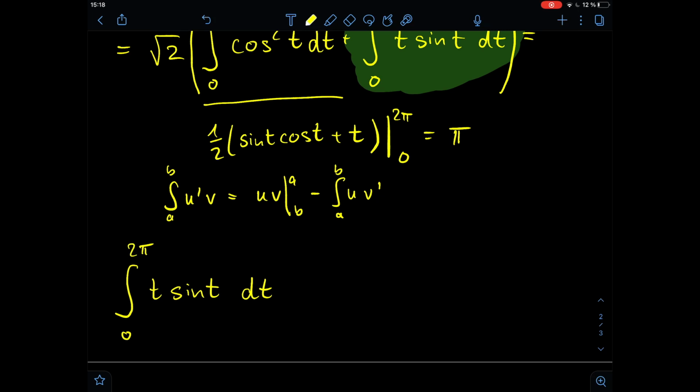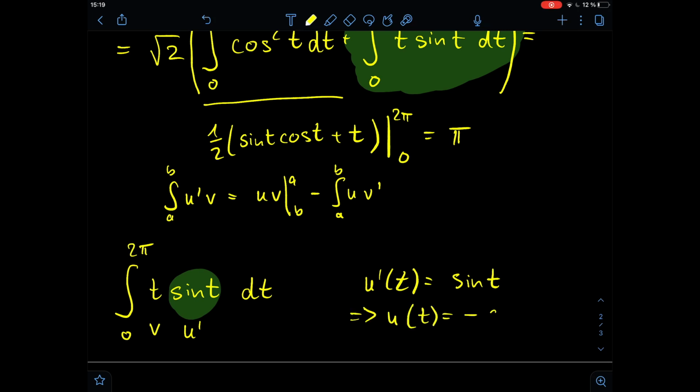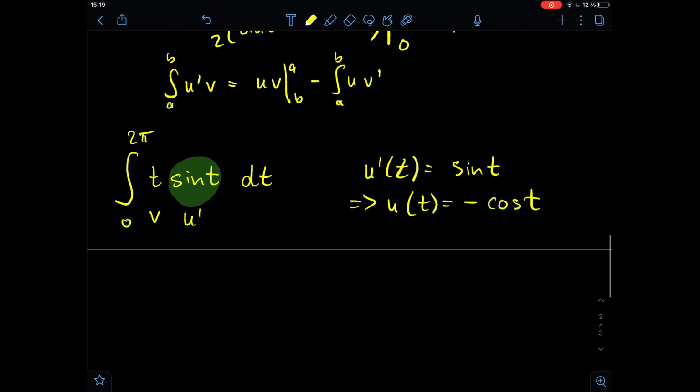So what we're going to do now is we have to choose which one is the derivative, which one is the normal function. And what we're going to do here is we just say that sine of t will be our derivative of u, and the t will just be v. So if the derivative of u, of not x but t, is sine of t, this means that u of t is equal to minus the cosine of t.